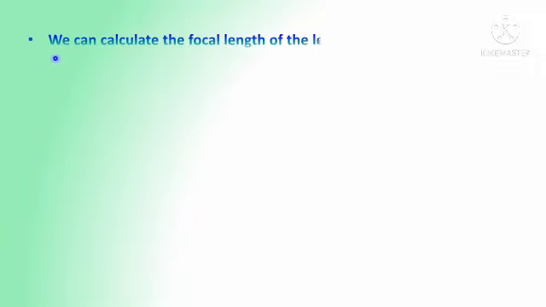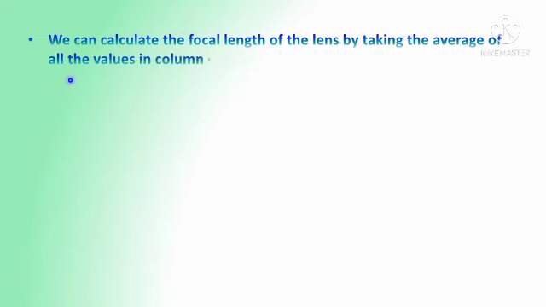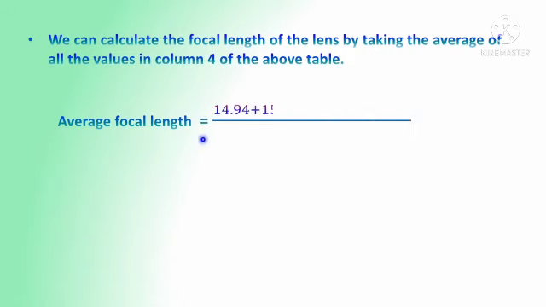Then we can calculate the focal length of the lens by taking the average of all the values in column 4 of the above table. Average focal length: 14.94 plus 15 plus 15.27 plus 15 plus 15 plus 15.